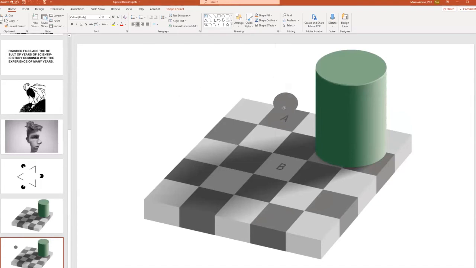So again, there's no trick here. This is just the same color as this. But this is also the exact same color as this. Look at it again. Here it is that color, and it's also this color. So in fact, letter A and letter B are exactly the same color.